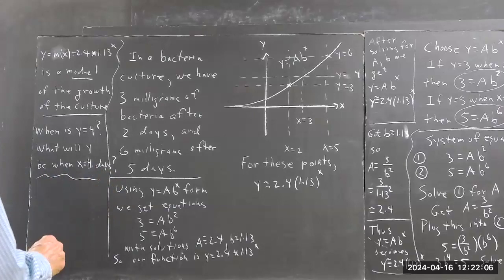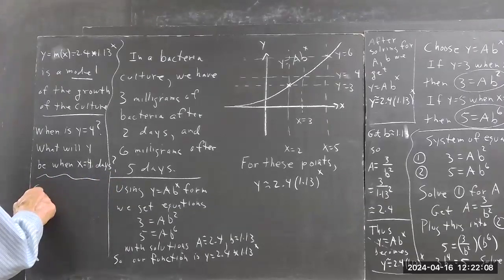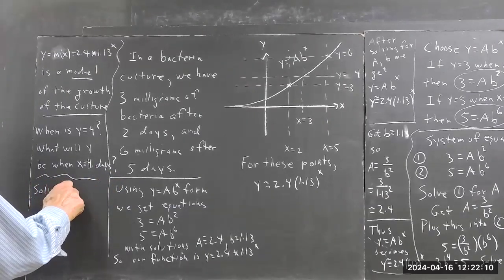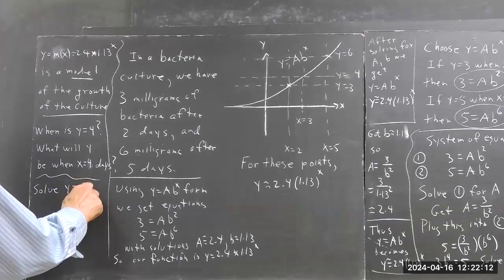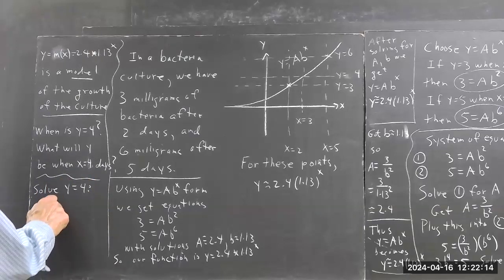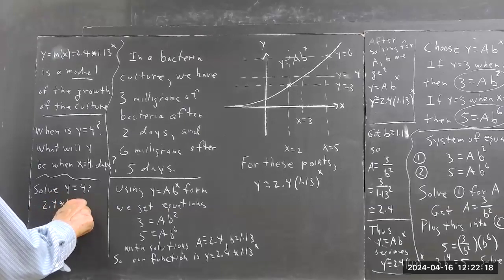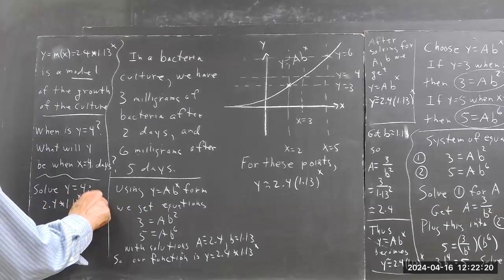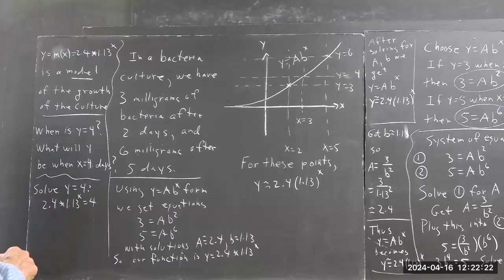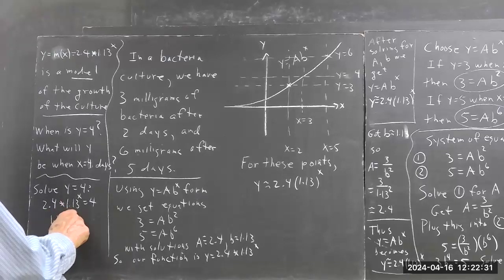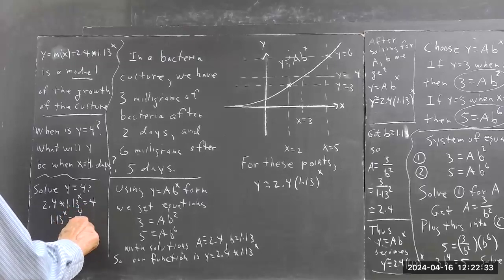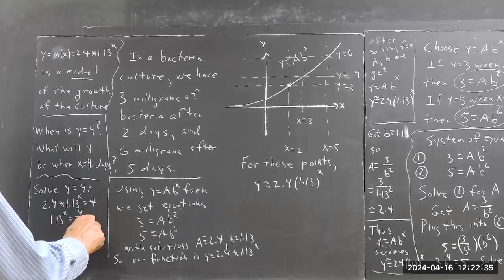To answer these questions, for y equals 4, that was 2.4 times 1.13 to the x equals 4. How do we solve this equation? Well, 1.13 to the x is going to equal 4 over 2.4.